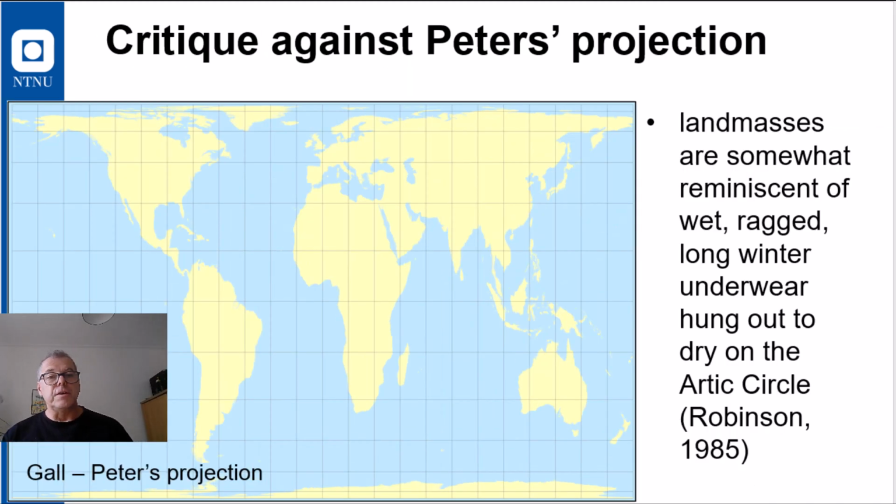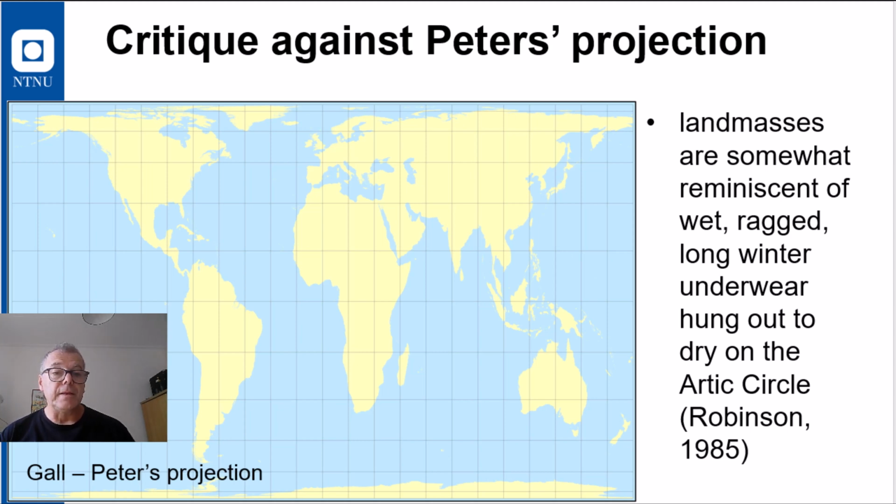Among conservative cartographers, however, there were several critical comments, mainly because it was claimed to be the first area-correct map projection, and Peters claimed it was his, although it was very similar to the Gall projection.